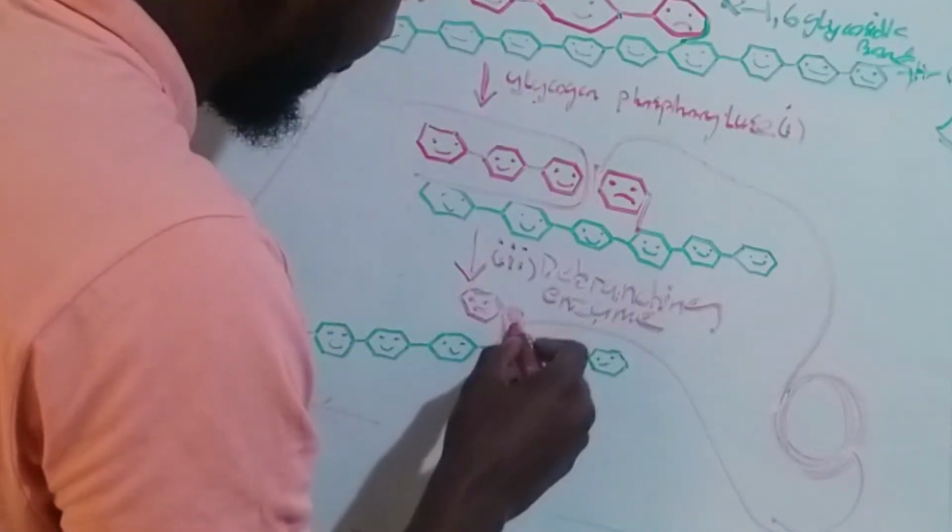So the second activity is that it will come here, it will break down the alpha 1 to 6 bond. But when it breaks down this alpha 1 to 6 bond, what you yield is not glucose 1 phosphate, but free glucose. And this marks the end of glycogenolysis.